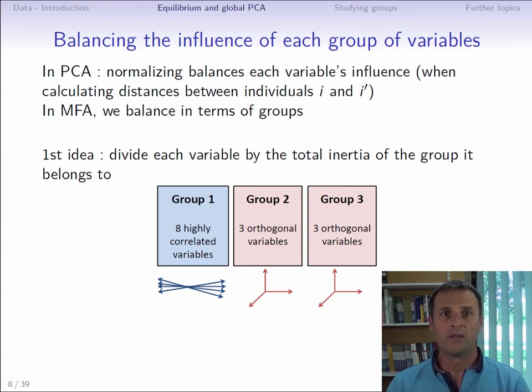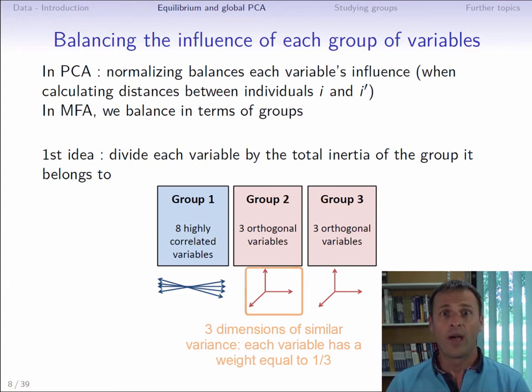With the weighting by the total inertia of each group, the first dimension of group 1 will have a weight close to 1. This group is unidimensional and nearly all of its inertia is located in only one dimension. While the first dimension of groups 2 and 3 will have a weight of 1/3. If the total inertia of the group is 1, each variable represents 1/3 of the inertia.